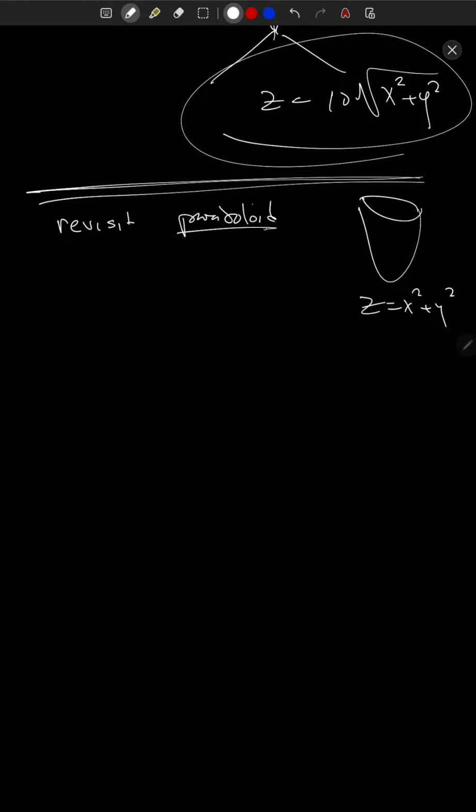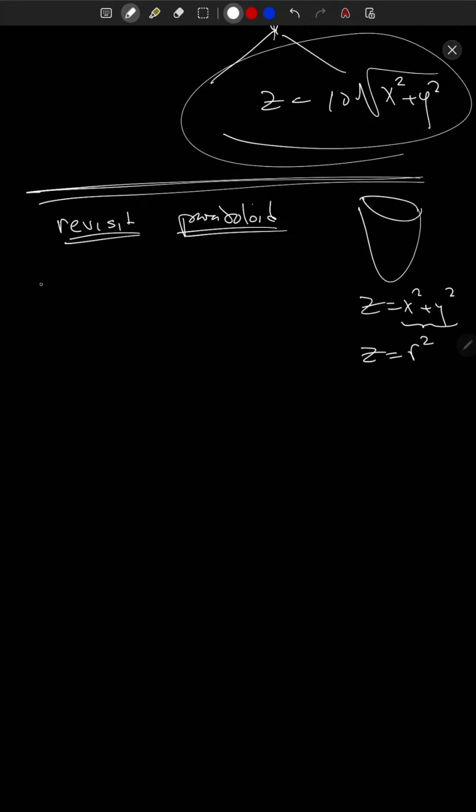But we can also do this with, for example, polar coordinates. Why would we want to? Because we know that x squared plus y squared in polar coordinates is simple: z equals r squared. So we can describe our location on the paraboloid with just theta and, for example, r.